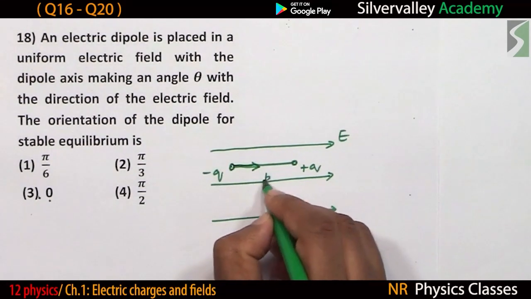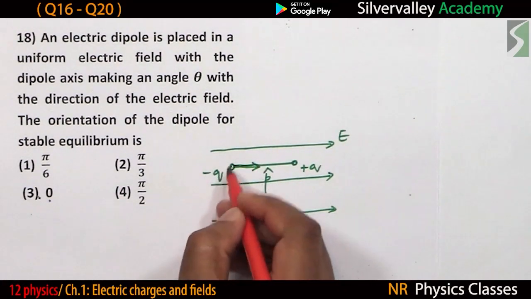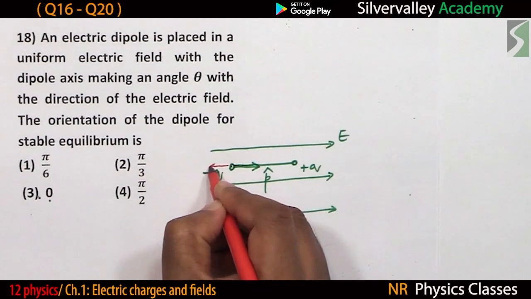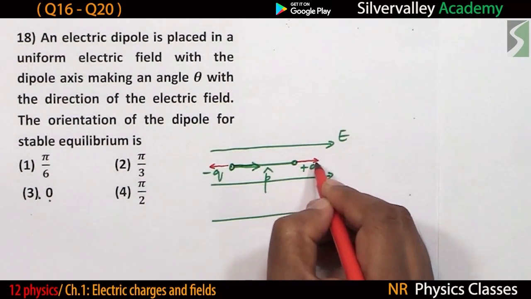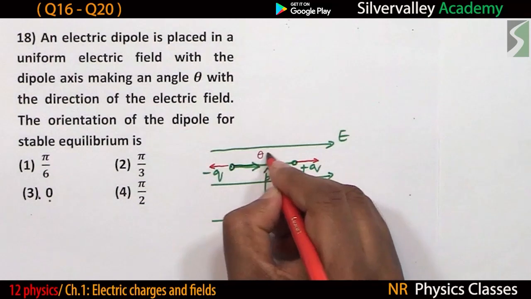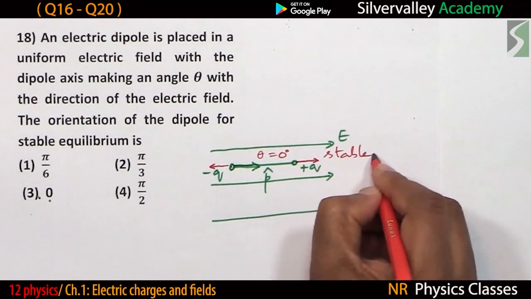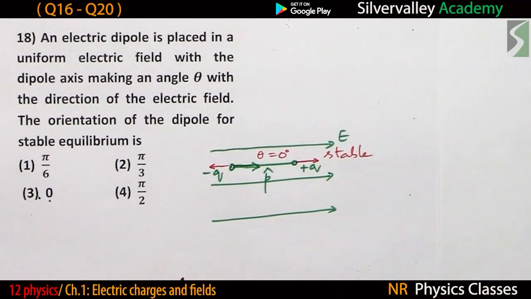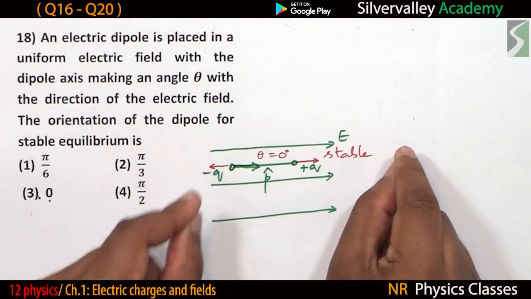So this is P cap. Force on minus Q is opposite to the electric field. Force on plus Q is in the direction of the electric field. So this position where theta equal to 0 is said to be stable equilibrium, because the dipole is pulled on either side like this.